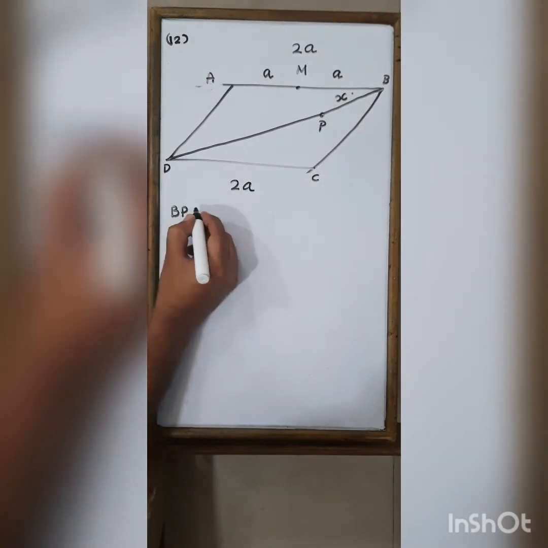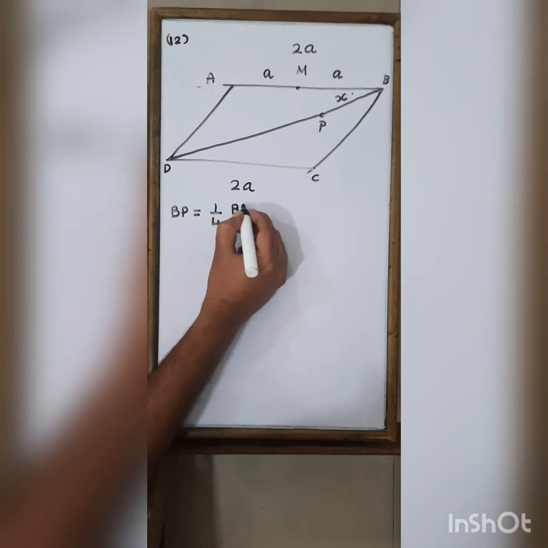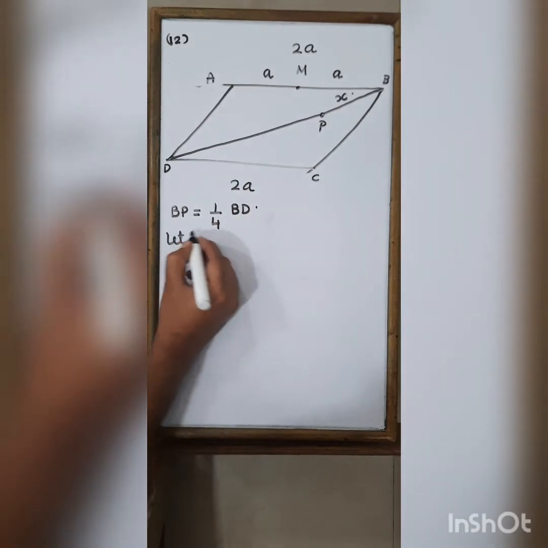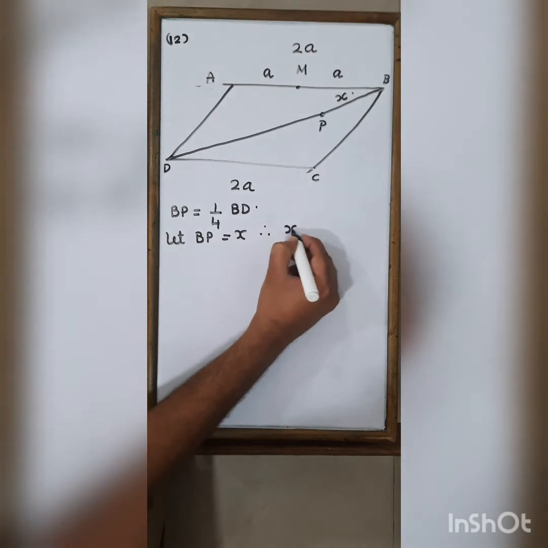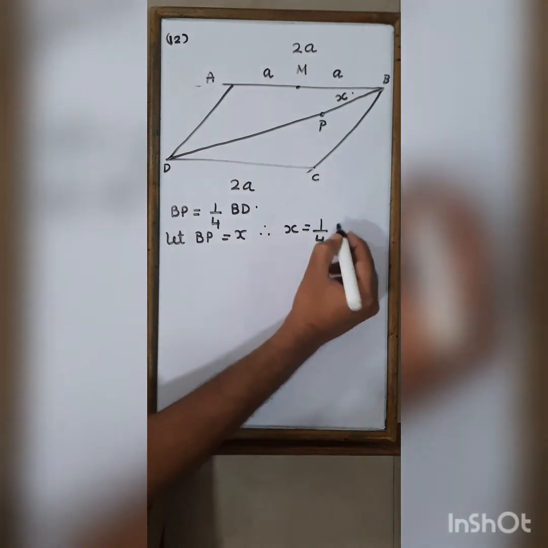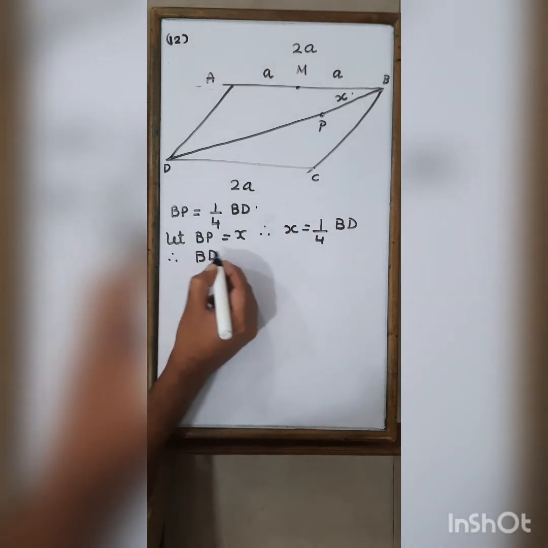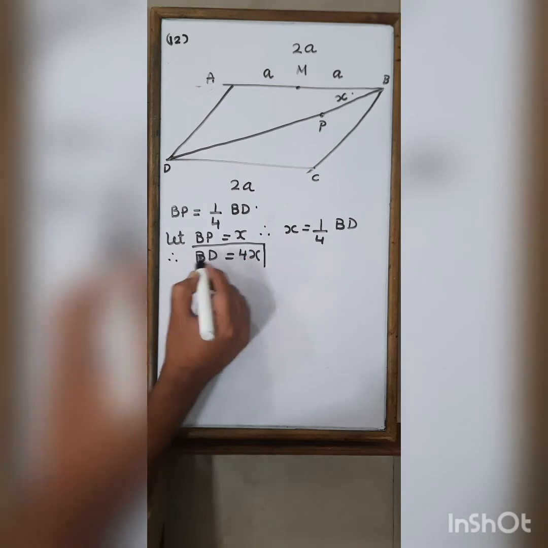BP is equal to 1 upon 4 times of BD. Let BP be equal to X. Therefore X is equal to 1 upon 4 times of BD. Therefore can I say BD is equal to 4X. So this whole BD is equal to 4X.